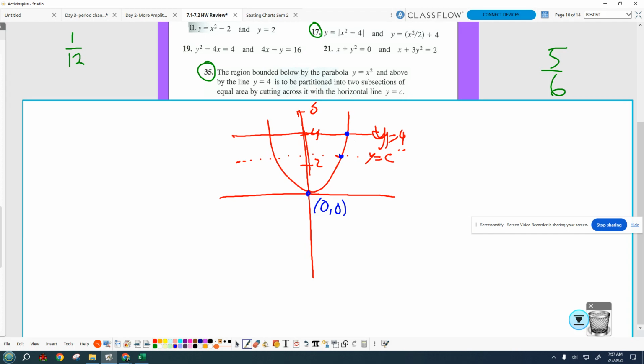For the rightmost one, it's -√c, c. Is it 2, 4? Yes, 2, 4. Okay.